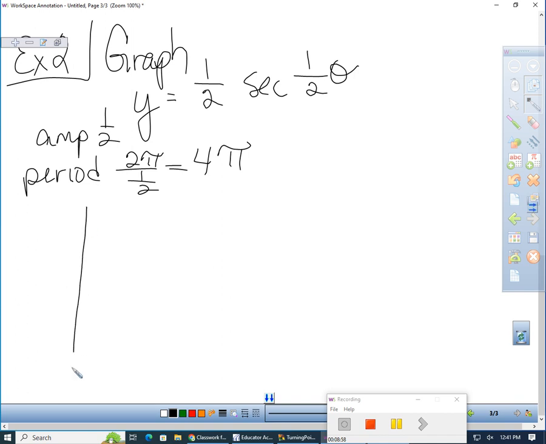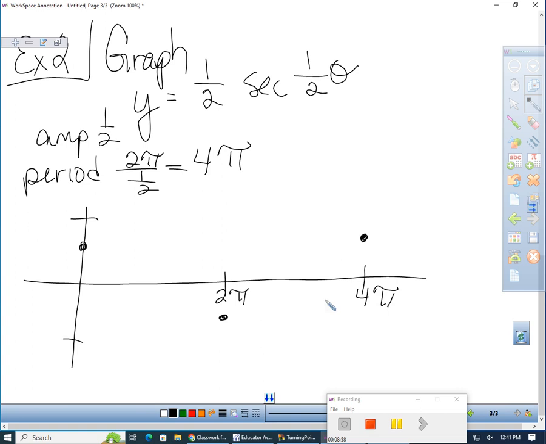So when we go to sketch our secant, at 4 pi, you're going to go up to your amplitude, which is only 1/2. You have 1/2 at the beginning, and halfway in the middle, which would be at 2 pi, we're going down 1/2.